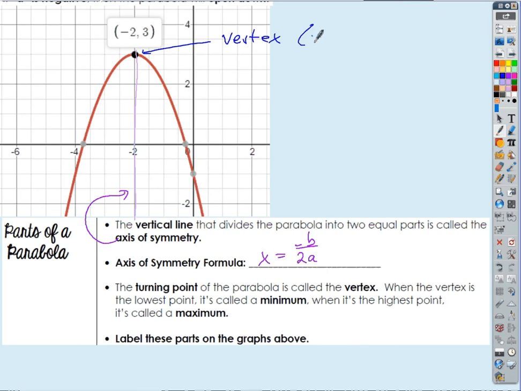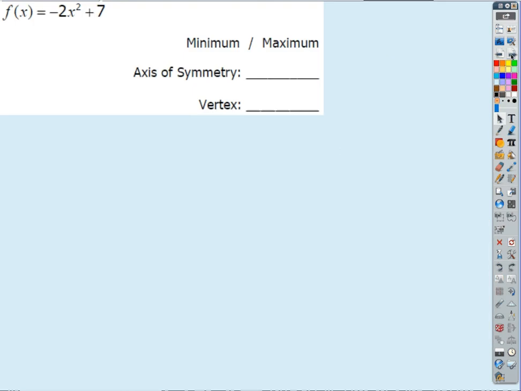In this case, it's a maximum. How would we find the vertex in this case? Well, let's take an example, and we're not even going to worry about graphing this yet. If we were able to identify the axis of symmetry and the vertex, that would really help us graph the parabola.